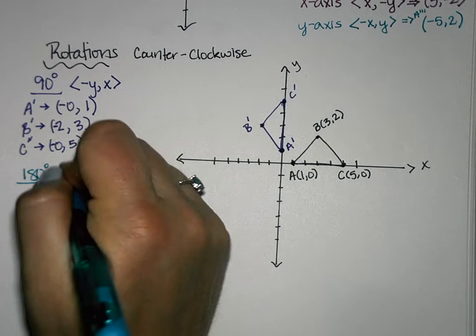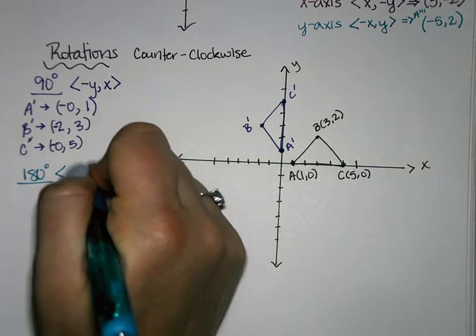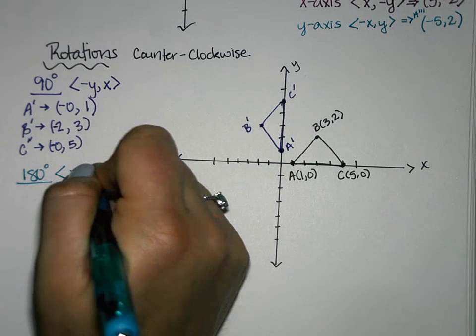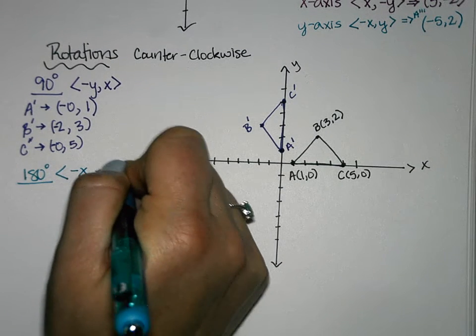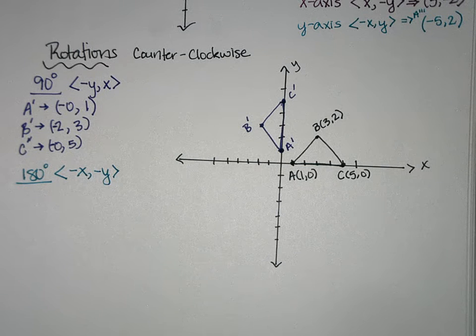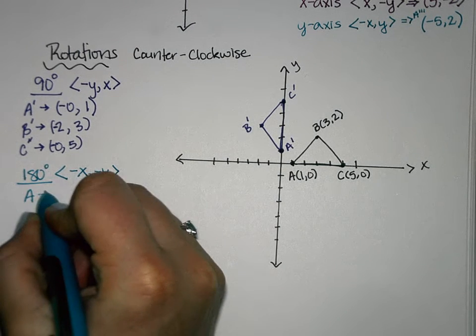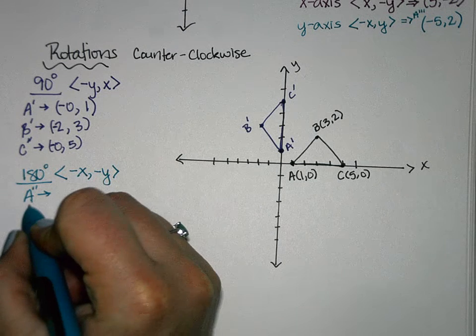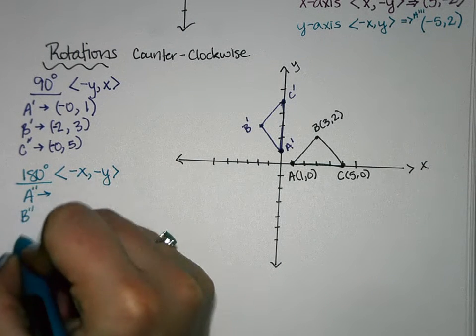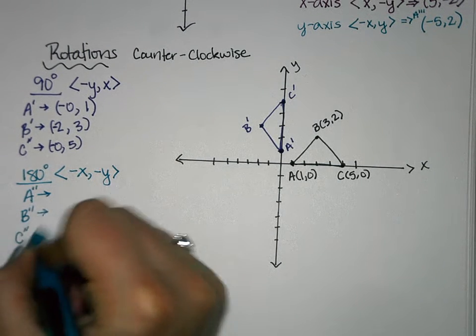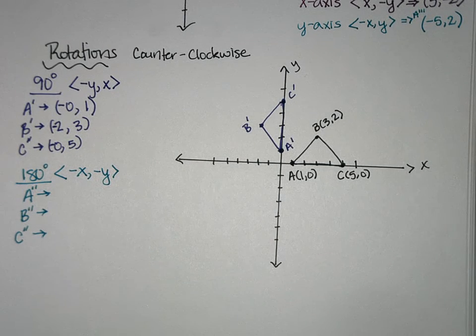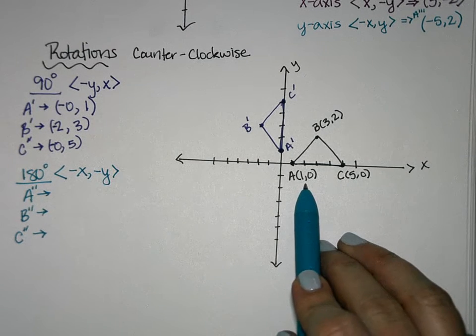Okay, so the 180 rule says you just do the opposite values of x and y. And that'll get you to the 180-degree rotation. So again, we're going to go to our original, 1, 0.